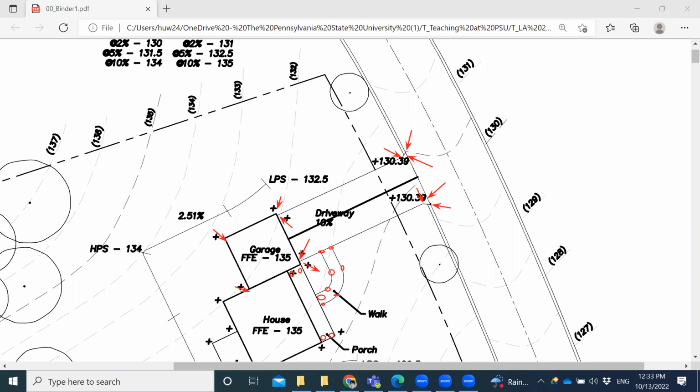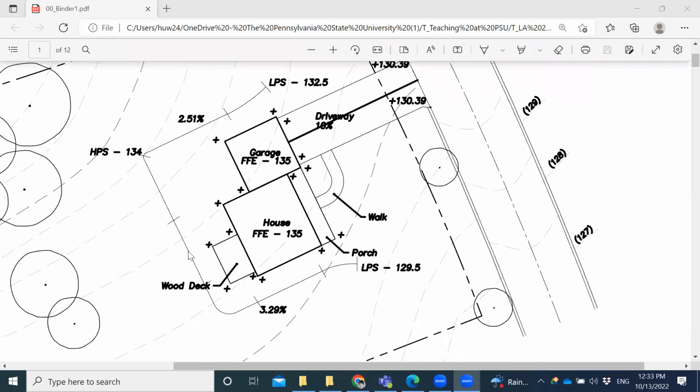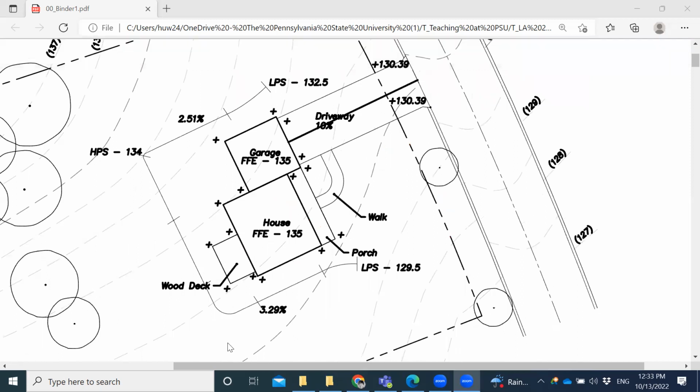You don't need spot elevations for the wood deck, because when you grade the surface, the wood deck is an add-on feature. Okay, it's an elevated feature.